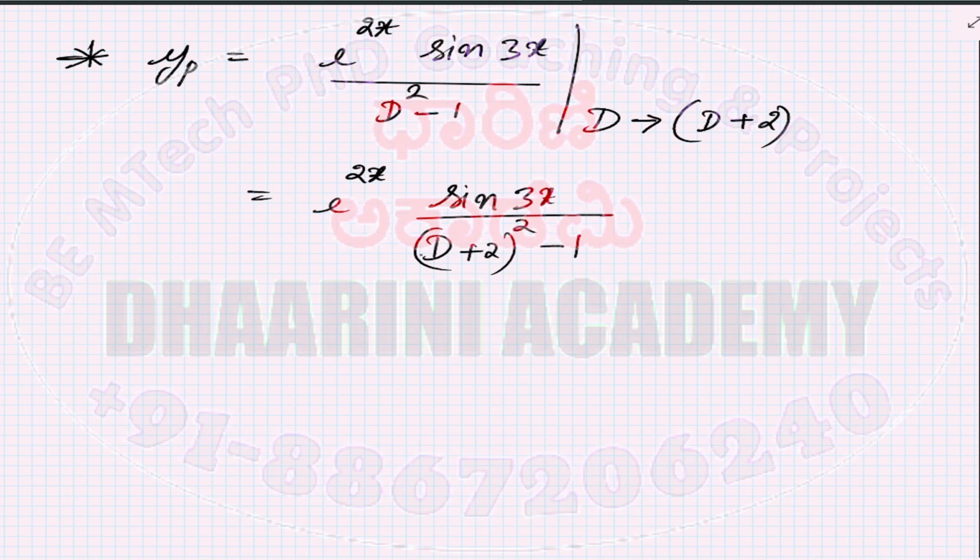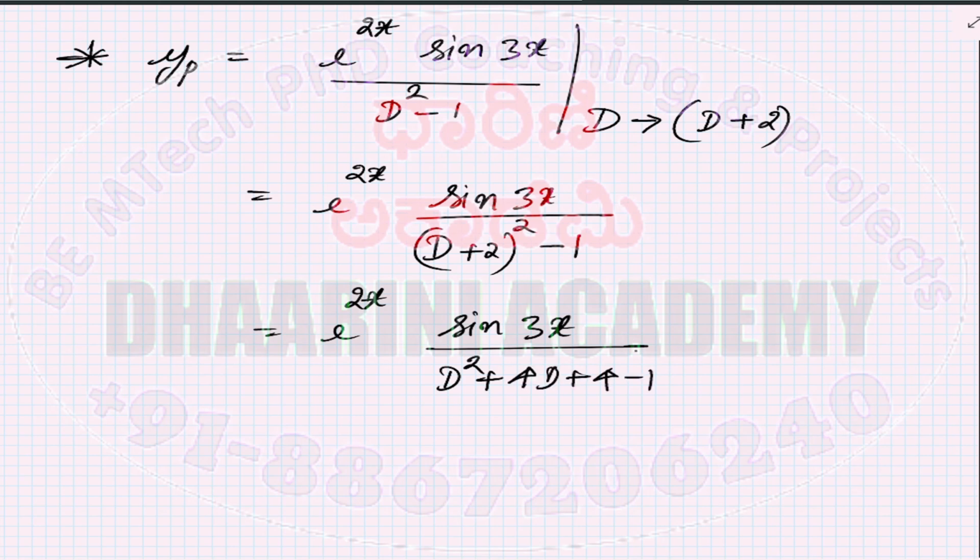Right, now when we simplify the D plus 2 whole square and the minus 1, we are going to get a complete function which is only in terms of D. Okay, let's do that first. So this is e to the 2x into sine of 3x divided by D square plus 2 into 2 into D is 4D plus 4 minus 1.